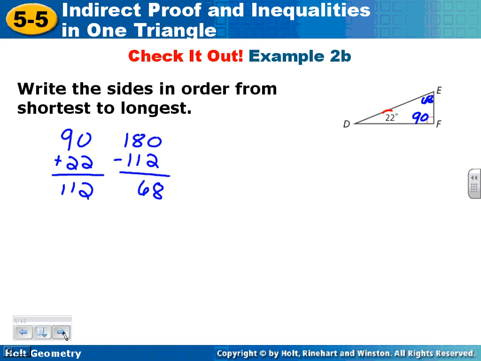It goes with a 22. Opposite 22 would be EF. Side EF would be my shortest. 68 is my next smallest angle, and it's opposite DF. And that leaves me with my 90, which is opposite DE, which, it's a right triangle, so DE is my hypotenuse, and the hypotenuse is always the longest side.